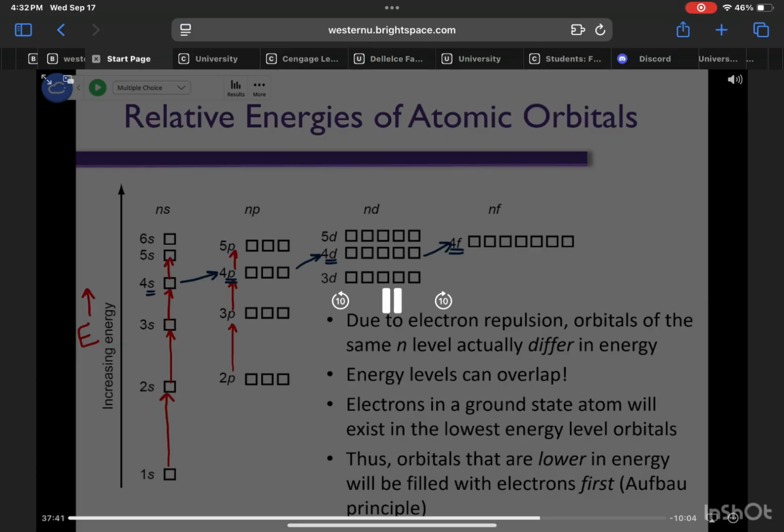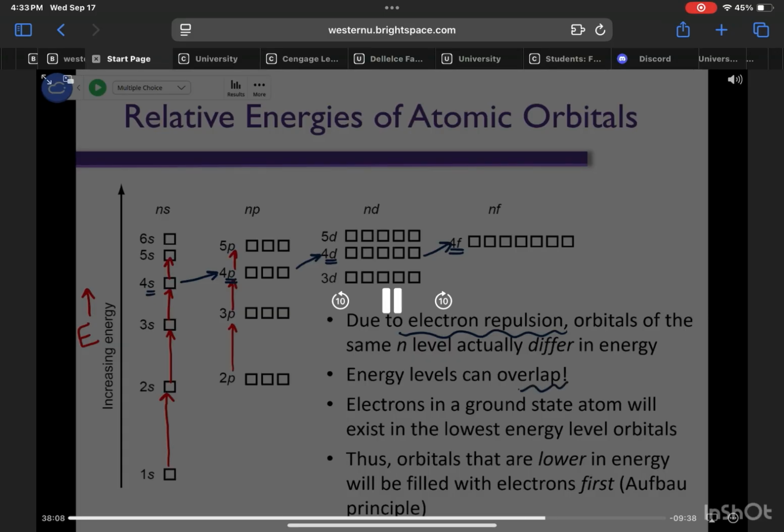But we have electron repulsion happening when orbitals of the same principal quantum number exist at the same time. So 2s and 2p start to repel, and it results in a slightly different energy level between the 2s and the 2p, and the 3p and the 3d.